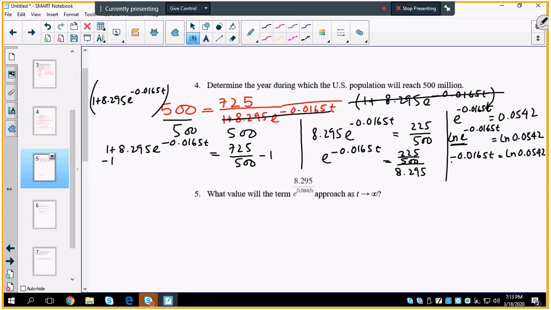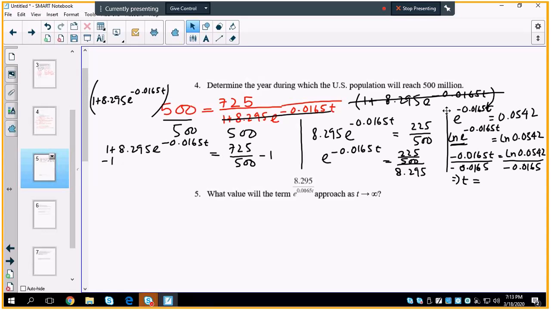Divide both sides by negative 0.0165. So now round your t to the nearest whole number. So this will imply that t is, I'm going to use the calculator, of course, to answer this question. Let's see how much we get.